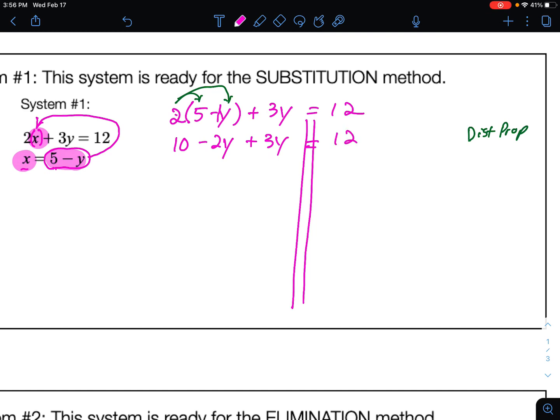After we do the distributive property, then we usually have some like terms that we are going to combine together. So in this case, we've got the minus 2y and the 3y on the same side of the equation. So we can combine like terms.